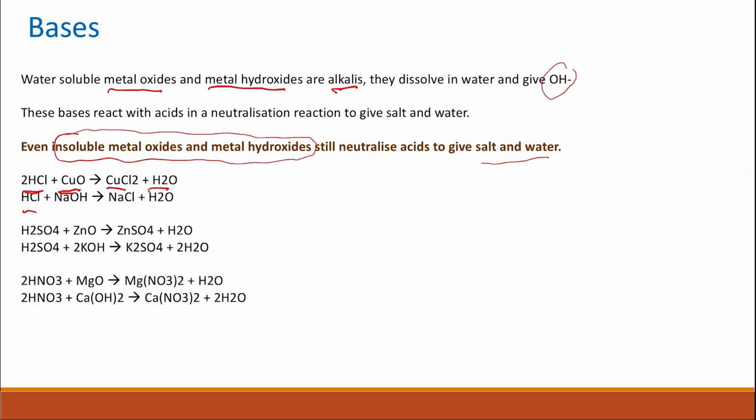Also, hydrochloric acid with sodium hydroxide will give you sodium chloride and water. If you move on to sulfuric acid with zinc oxide, it will give you zinc sulfate, which is the salt, and water, and so on.